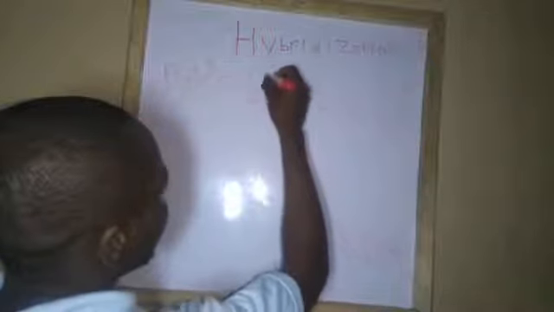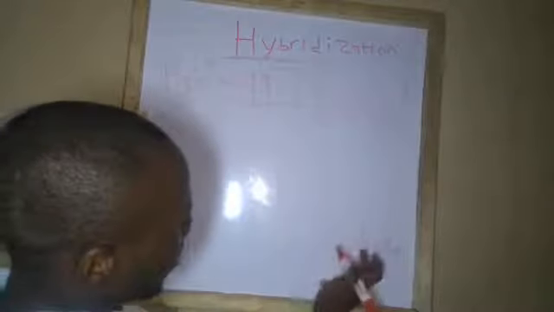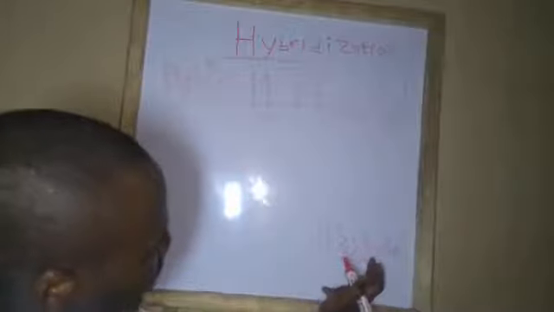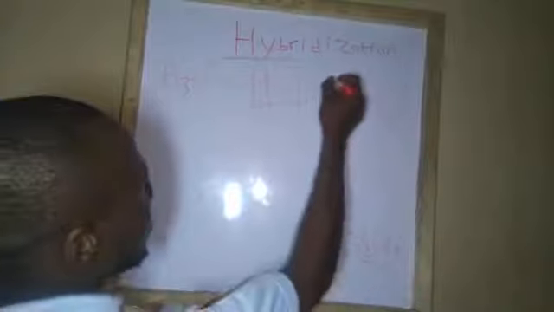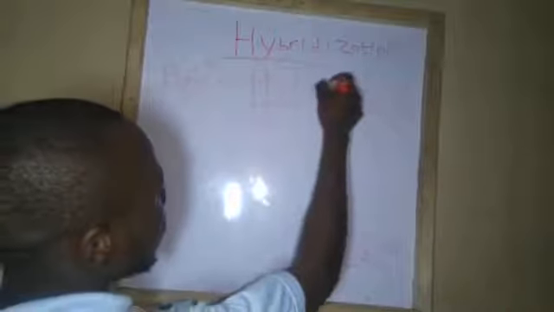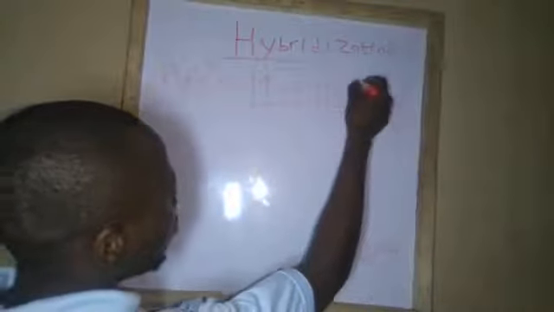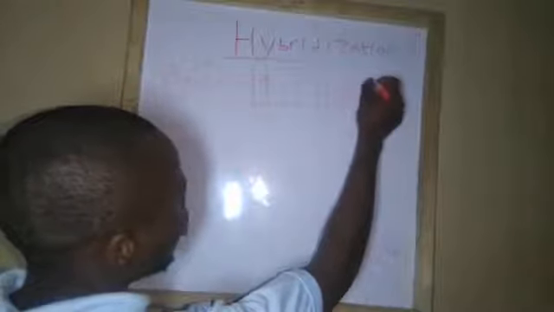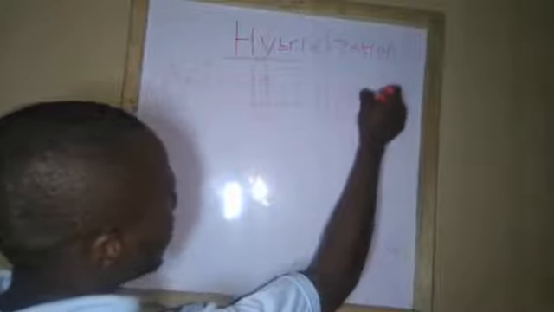So what you do is this, put this. This is your 2s. 2s contains 2, so put the 2, then 2p4. Now 2p 1, 2, 3, 4. Are you getting it?